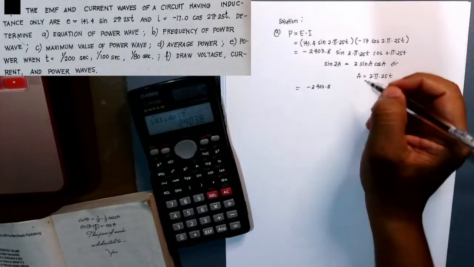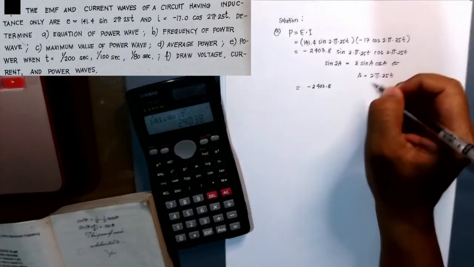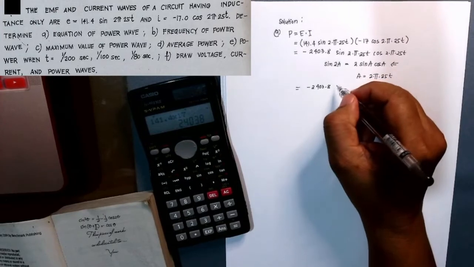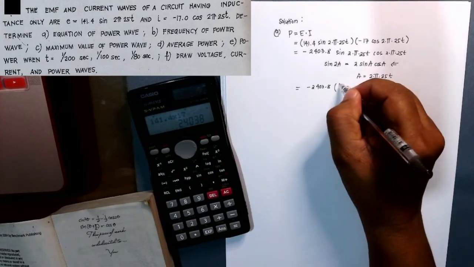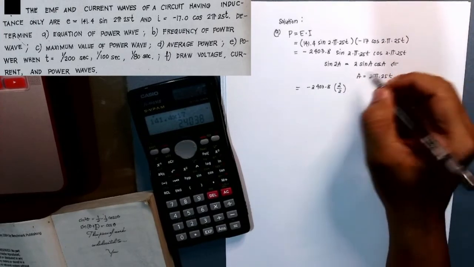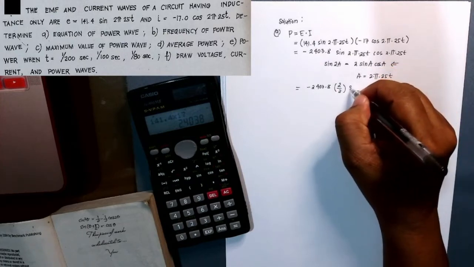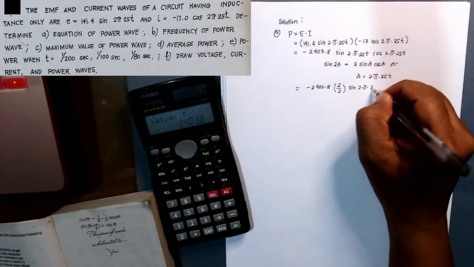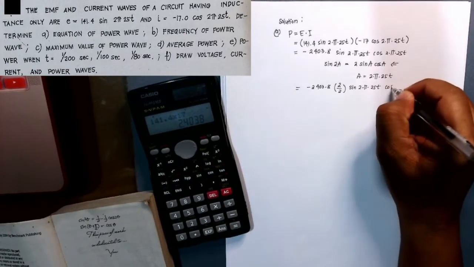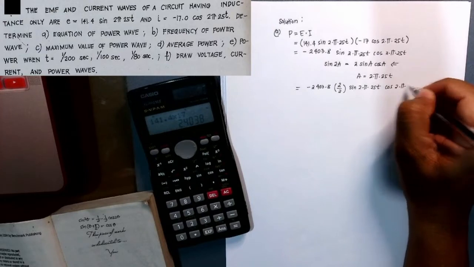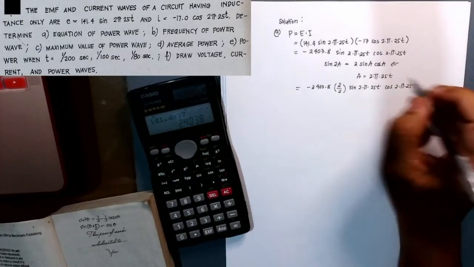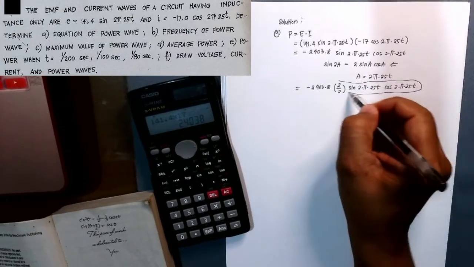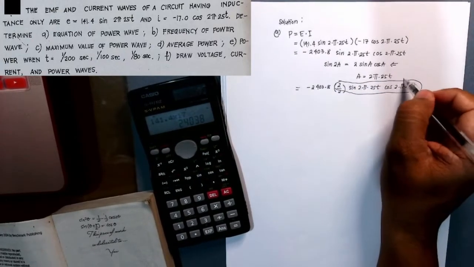I am copying 2403.8, and I have to extract one factor here, which is 2 over 2. So that will be sine 2 pi 25t times cosine 2 pi 25t, and this part is this value.